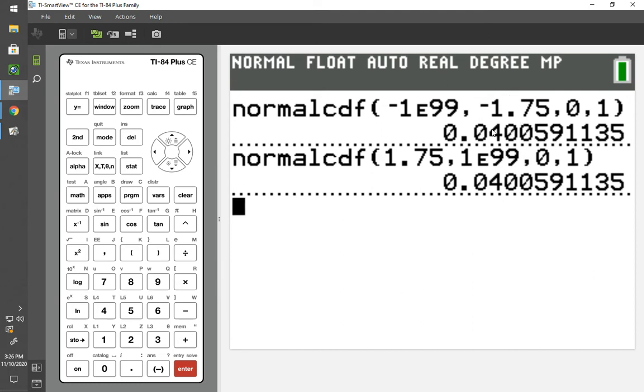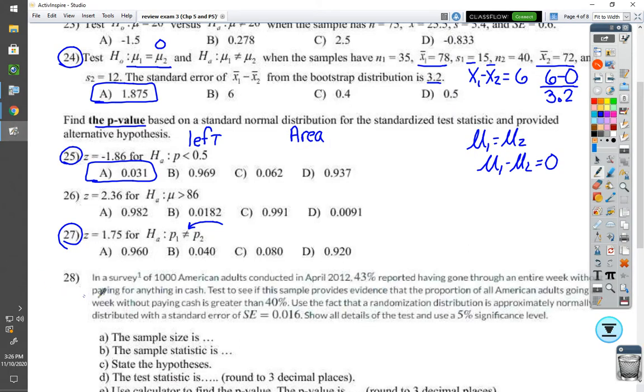That means I need the 0.04 and I need the 0.04. I need 0.08. My normal distribution on a two-tail is always the calculation of the area times 2.